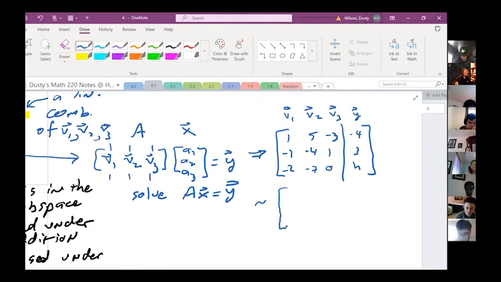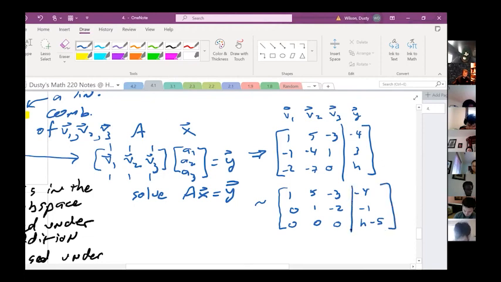We end up in a place where we have 1, 5, -3, -4, 0, 1, -2, -1, 0, 0, 0, h minus 5.